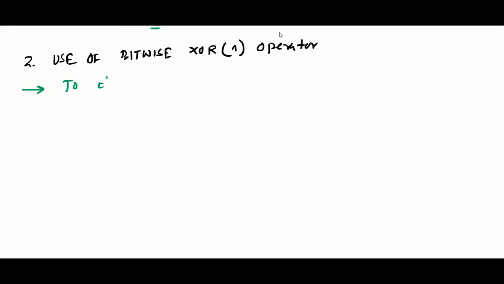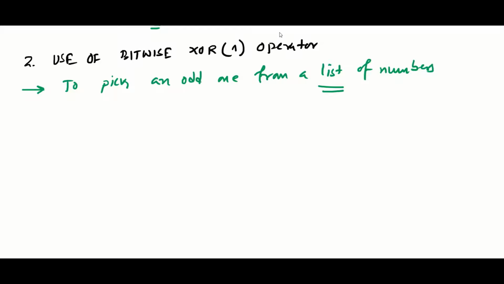To pick an odd one out from a list of numbers. When we talk about a list of numbers in C programming, we all know that a list can be supported with the help of an array.